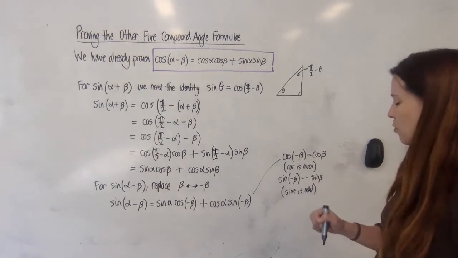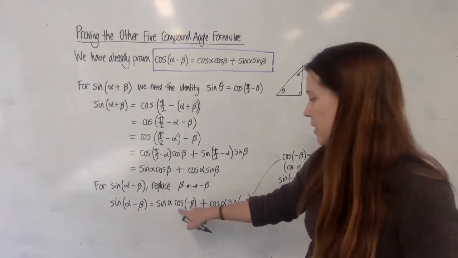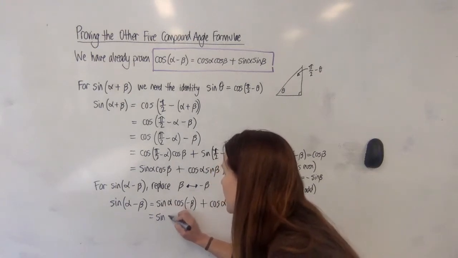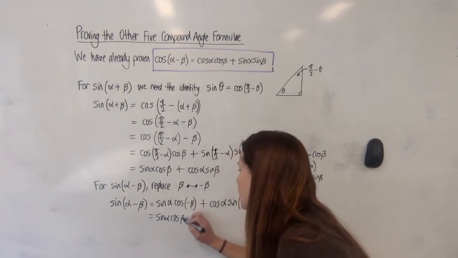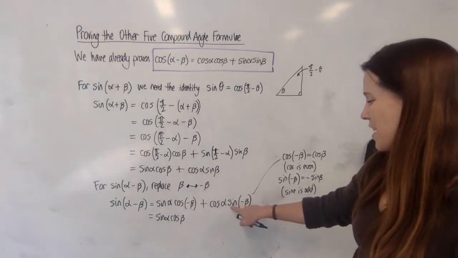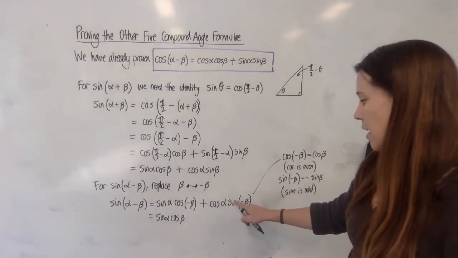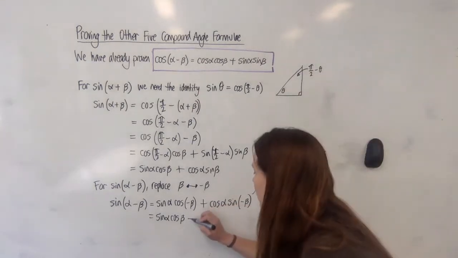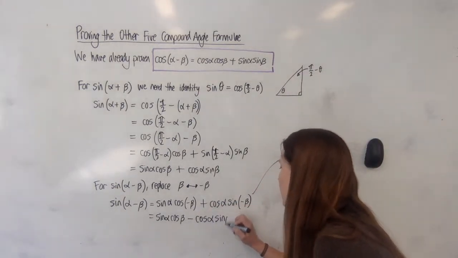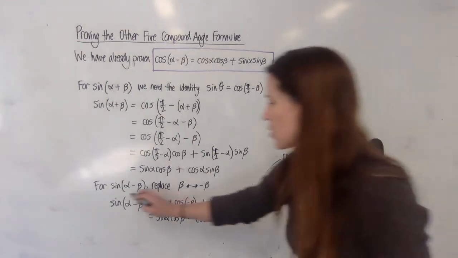Okay, and that's enough probably to say it like that. So that means the cos of negative beta just is the cos of beta, and that one tidies up really easily. And over here, cos of alpha will stay the same, but this is going to become negative sine of beta. So the negative sign can come all the way out the front here, and we get this. So now we have this one done.